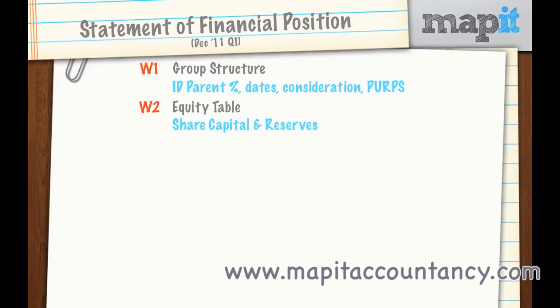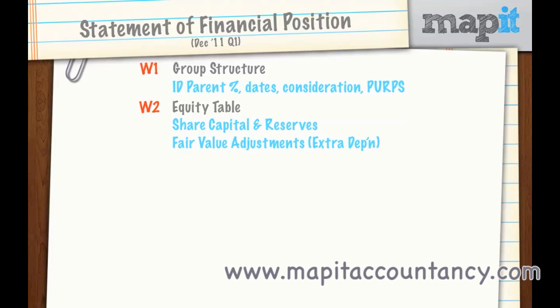We'll need the reserves and share capital at the reporting date, both to determine what our post-acquisition profit is and potentially to determine our non-controlling interest. In addition, we need to look for any fair value adjustments. On those fair value adjustments, we may also have extra depreciation.